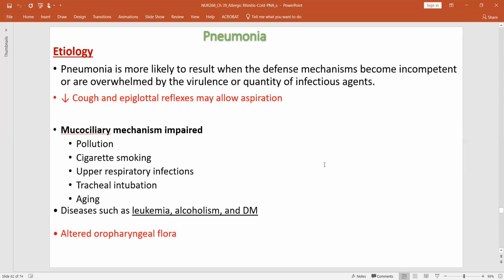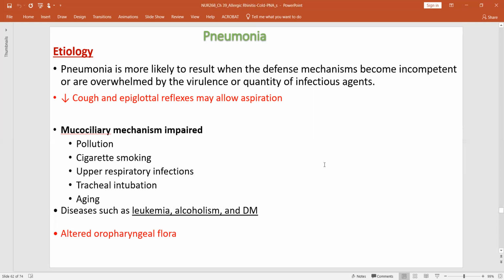These are the factors that may inhibit and impair these mechanisms: pollution, tobacco, cigarette smoking, upper respiratory tract infections, and tracheal intubation. There is also a risk that a patient may develop pneumonia after being intubated.